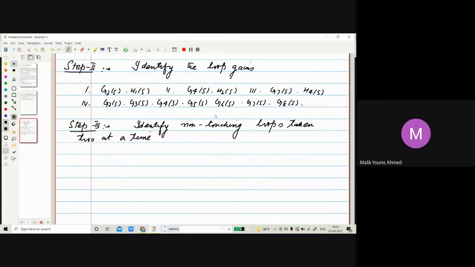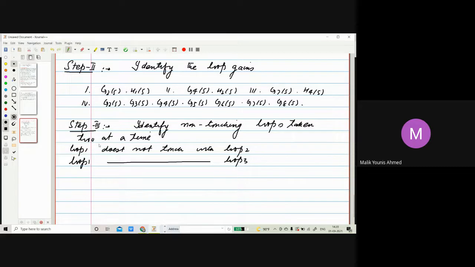So this combination of non-touching, you can write here: loop 1 does not touch with loop 2, and loop 1 does not touch with loop 3.